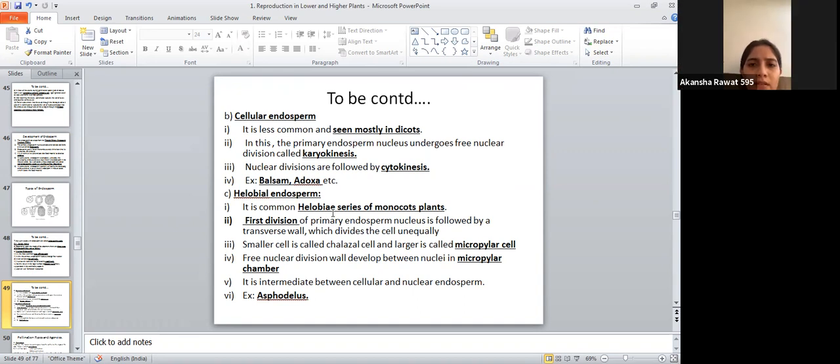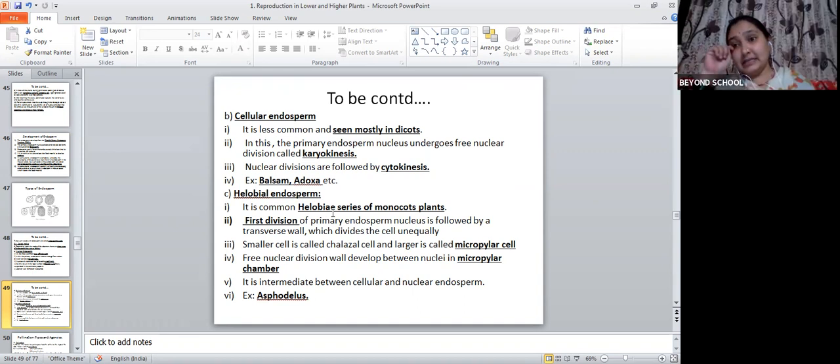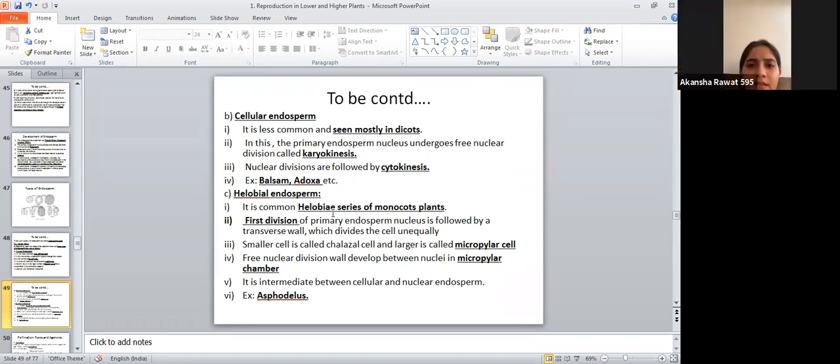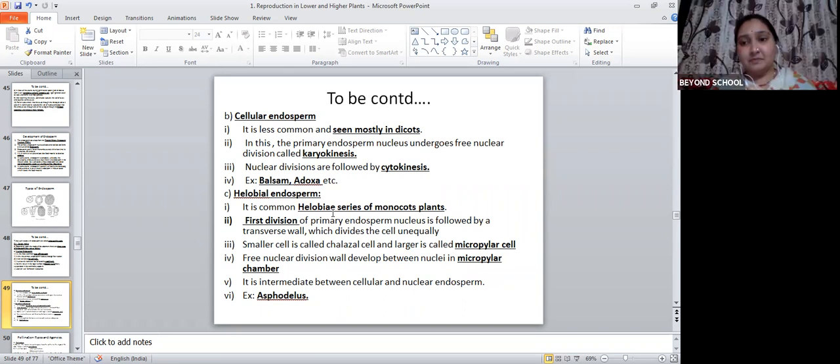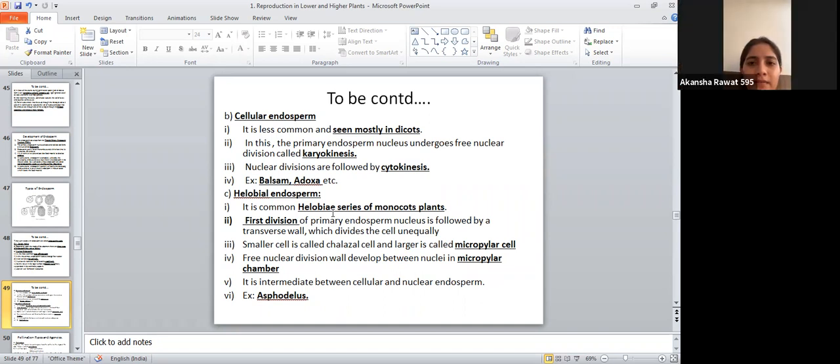Now, in our textbook, if you refer to the 11th standard textbook, classification: when we see that, it is kingdom, division, subdivision, class, subclass, family, subfamily, series, order, genus, species, right? This is the sequence of classification, isn't it?